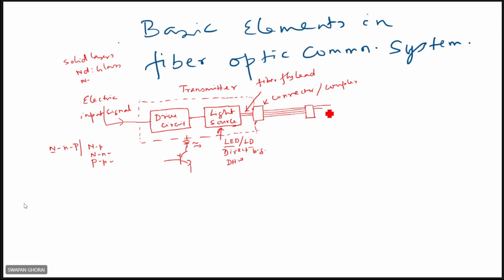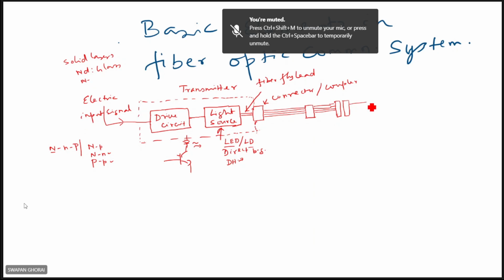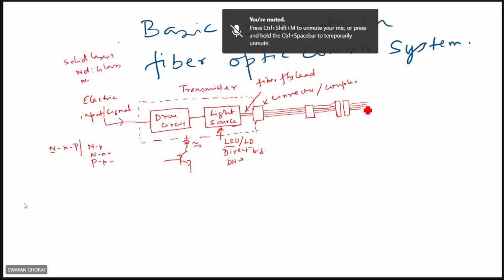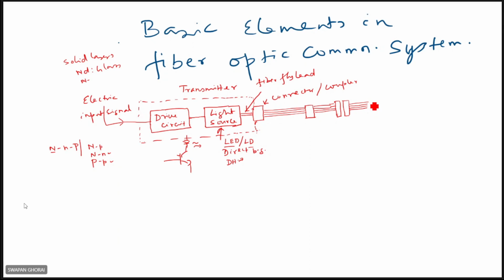Also, there can be splices. These are called optical splices. These are optional. There can be more than one splice to increase the length, and there can be more than one connector depending upon your requirement.